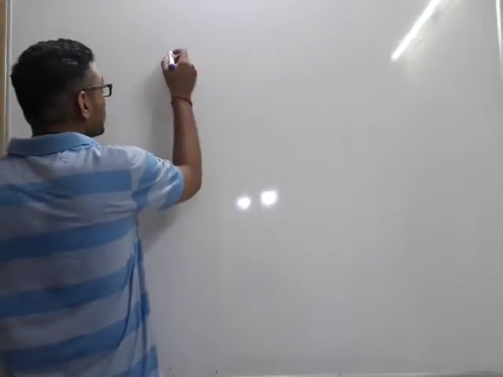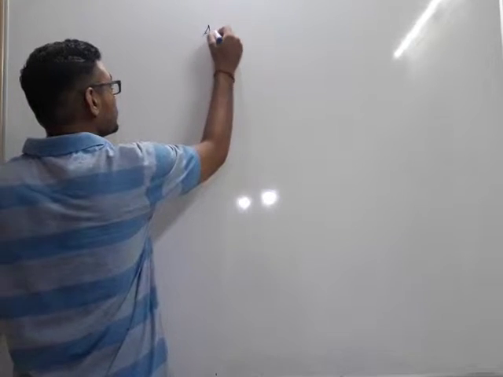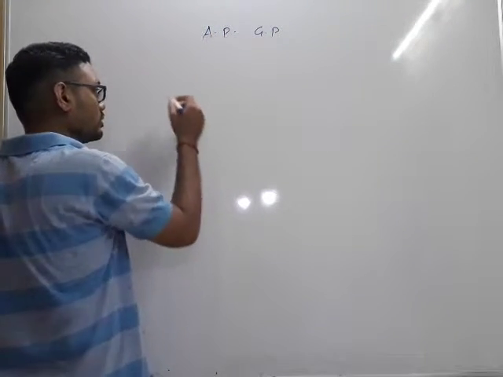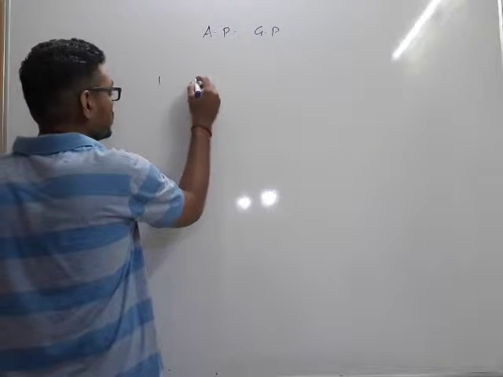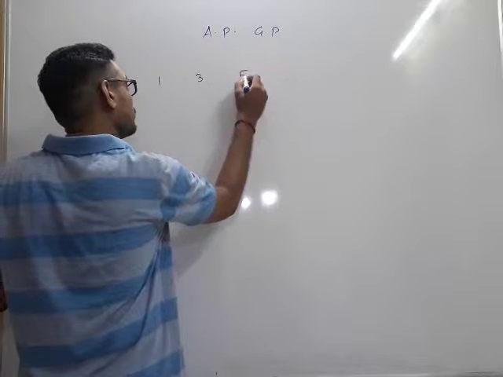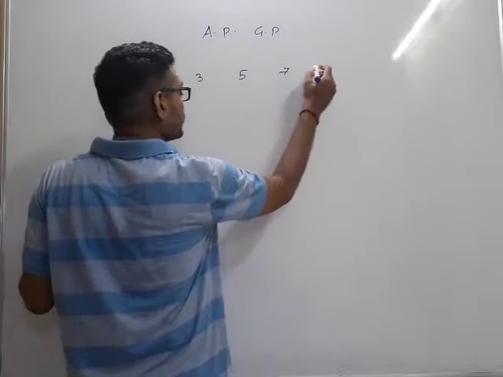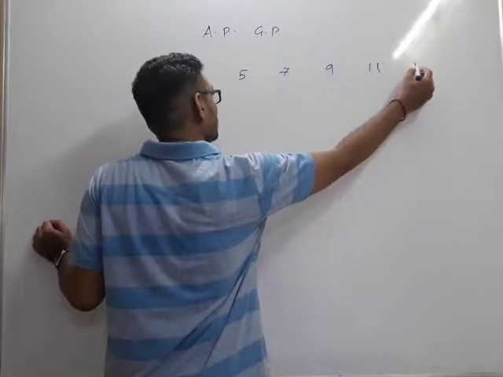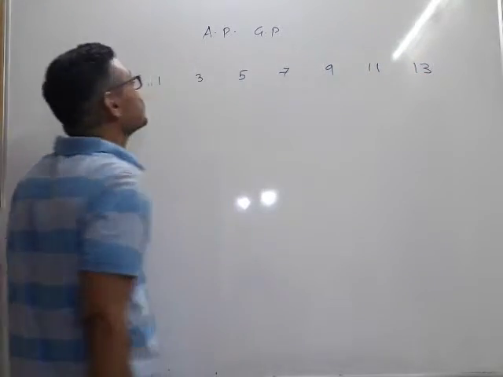Progression, as the name suggests, is an increase. 1, 3, 5, 7, 9, 11, 13. So what is it?